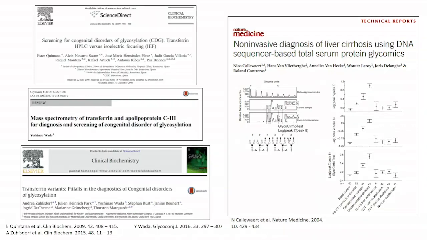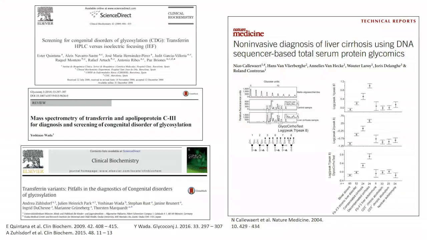Other glycoproteins are also studied in CDG, for example, apolipoprotein C3, because it only carries the O glycosylation, which is useful when we try to differentiate between CDG or the defects in liver derangement. There are also some studies on the transferrin variant because it may compromise the interpretation of the glycosylation pattern.